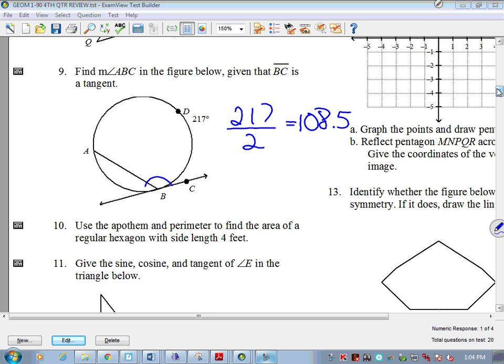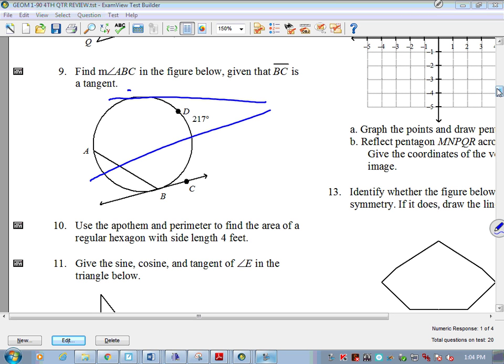Now, question: if there are two numbers, how do you know when to add and when to subtract? You're talking about a different question form. The situation looks like this, where you're given this, and you're given something that looks like this.